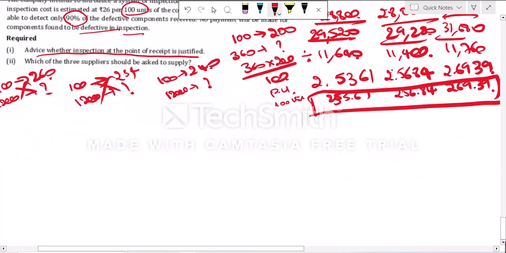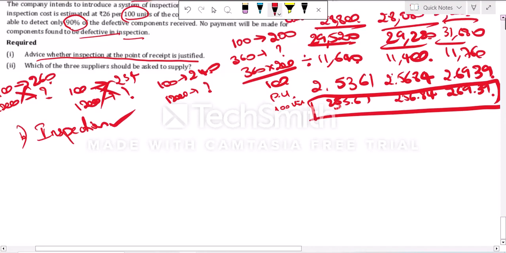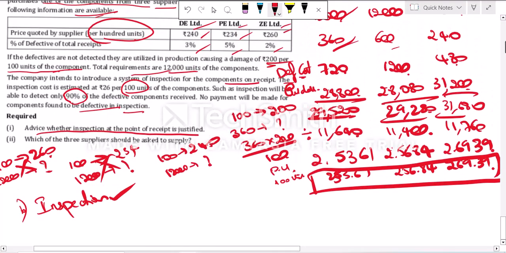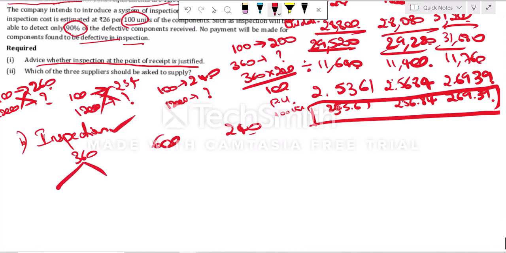What if they have inspected? According to the question, what are the benefits? They can return the defective goods identified, meaning 90% of the defective goods will be returned. How many defective goods in each case? 360, 600, 240. In that, 10% will be 36.